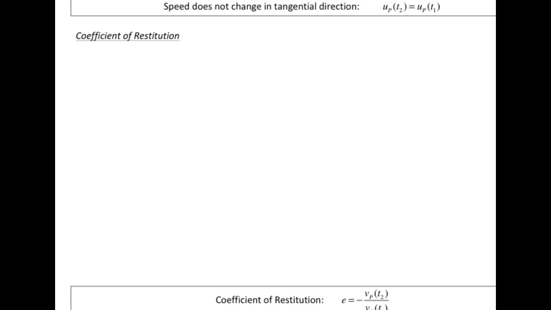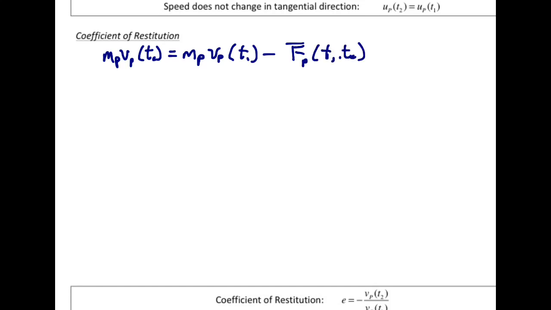And so for T1 to Tc, we get the mass of P times the speed of P at time c is equal to the mass of P times the speed of P in the normal direction at time 1 minus the impulse from time 1 to time c.